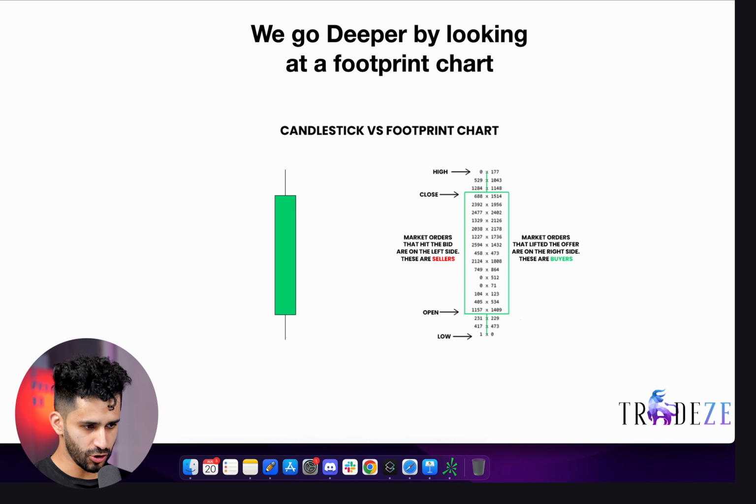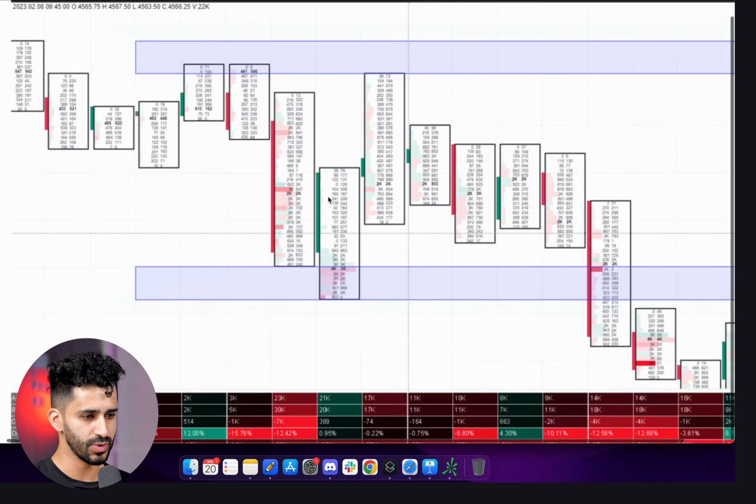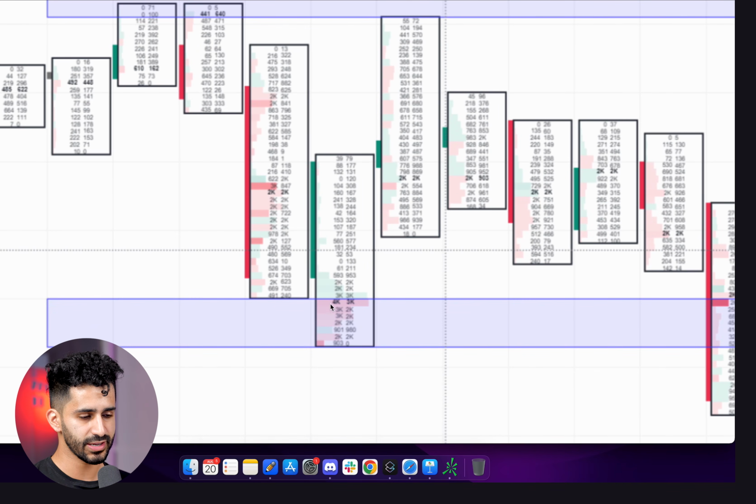Now, a footprint chart is essentially taking the same movement. So if this is a 5-minute candle, the footprint chart will have a low, a high, a close, and an open. Very, very similar. So when we look at these exact footprint charts, you can see it's a big red candle: open, close, high, low.